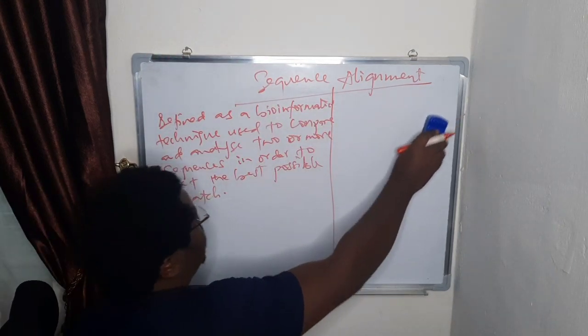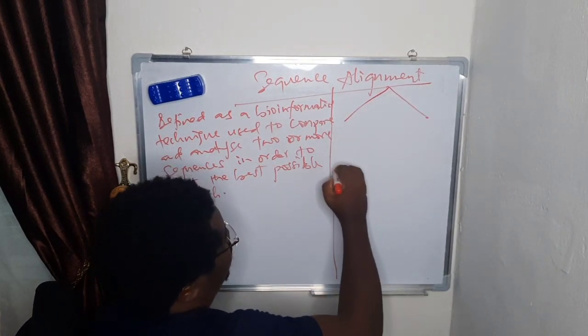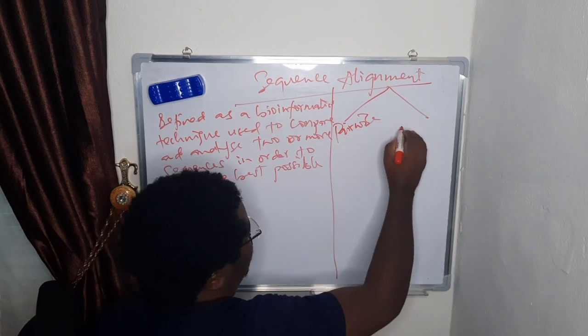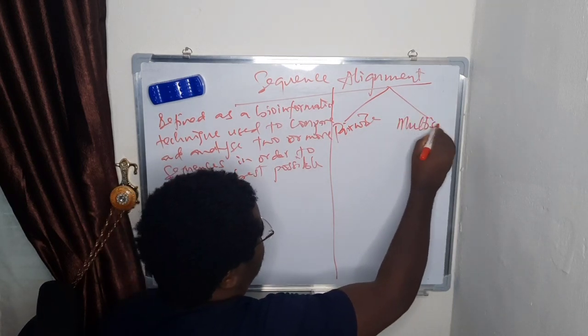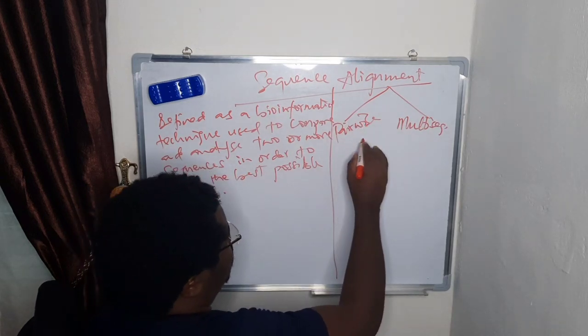Now, under sequence alignment, we have two types. You have the pairwise and you have the multi-sequence alignment, but our focus will be on the pairwise.